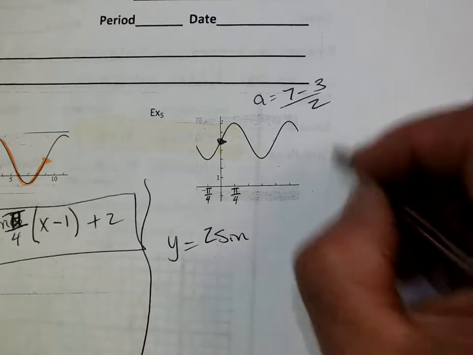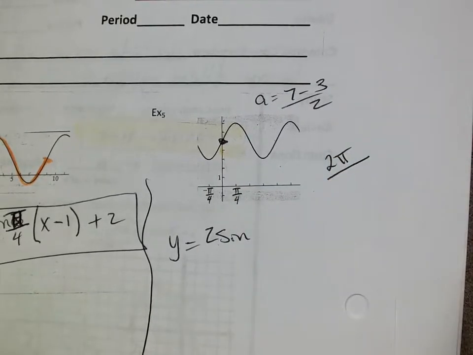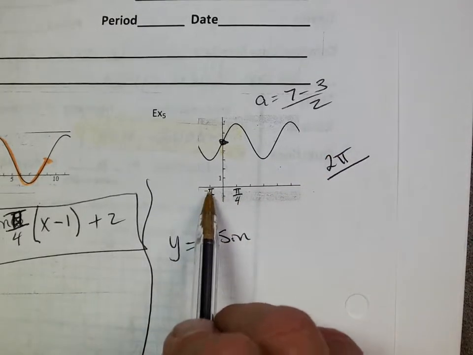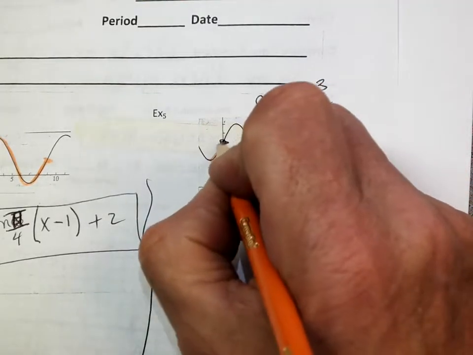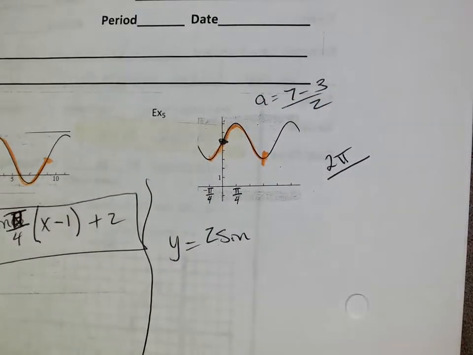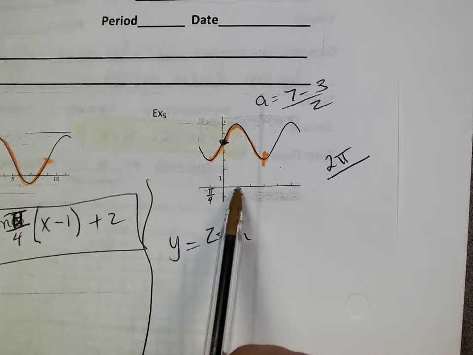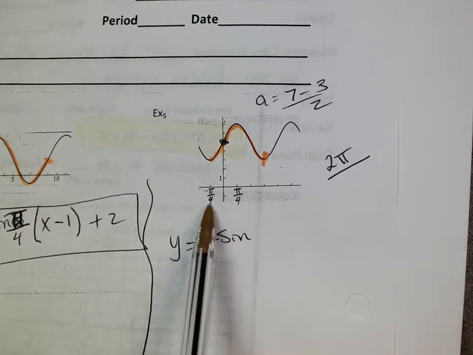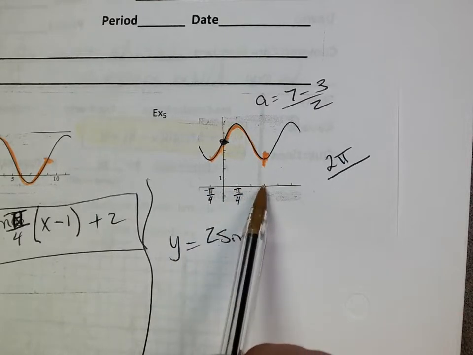Let's find b. 2 pi divided by the curve width. Okay, so these are pi fourths, right? So let me just find the curve width by doing it from here to here, okay? You ready? Let's do some counting. 1/4, 2/4, 3/4, 4/4. These are fourths, right?